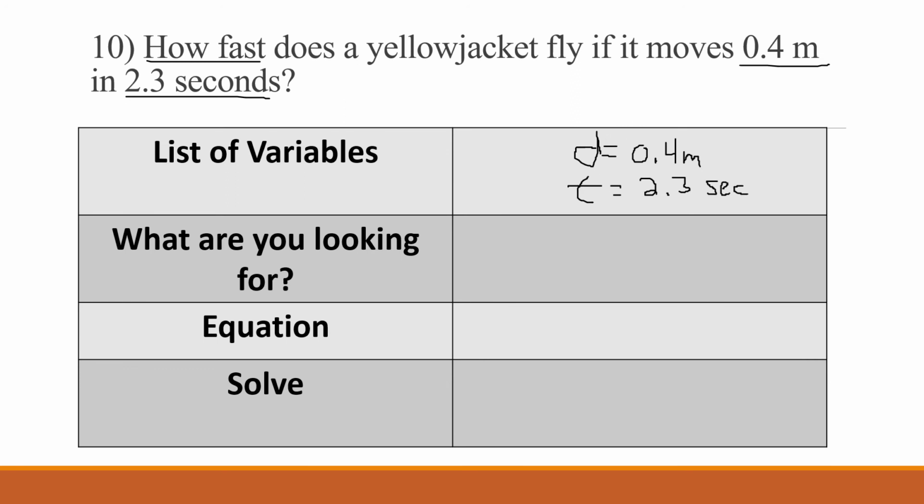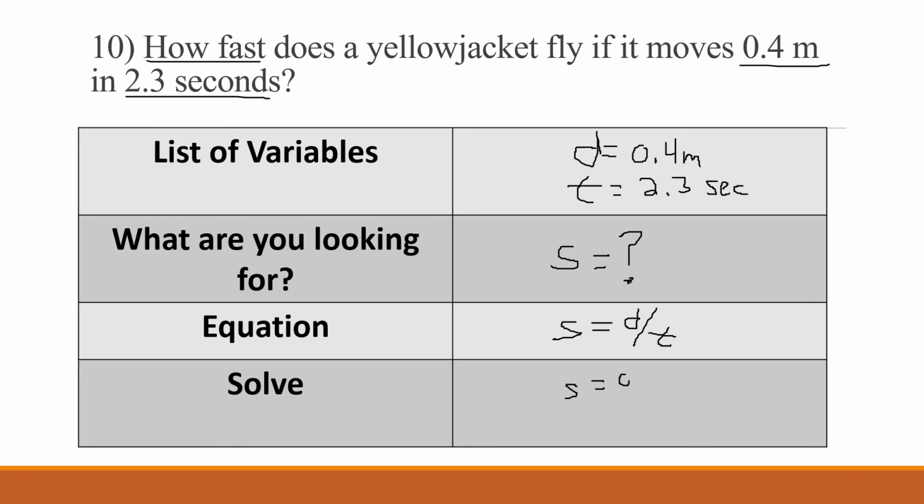Okay. How fast? Either speed or velocity. Is there an acceleration? No acceleration. I don't see m/s squared anywhere. Because there's no acceleration, that means I'm looking for a speed. Speed equals distance divided by time.